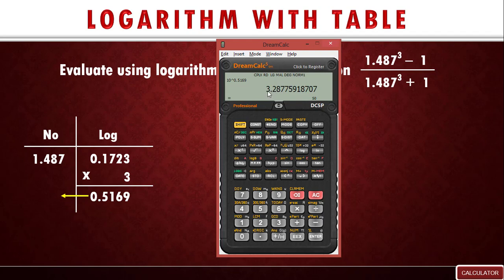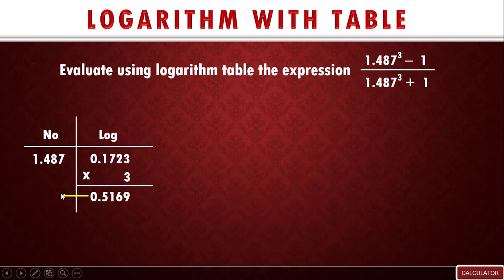So an antilog should be 4 digits, 3288. So if you approximate this other number to this place, that will be 3.288. So for those of you that are making use of your 4-figure table, you're going to have 3288.